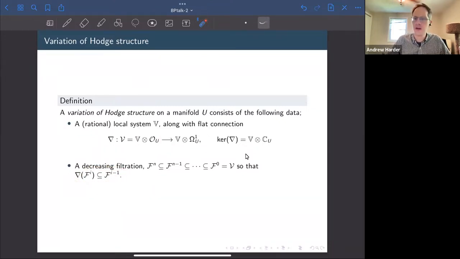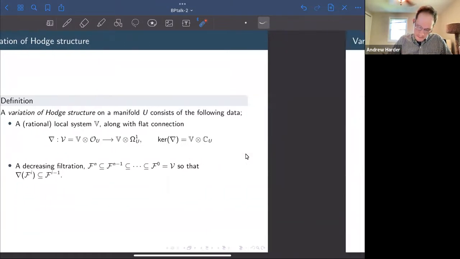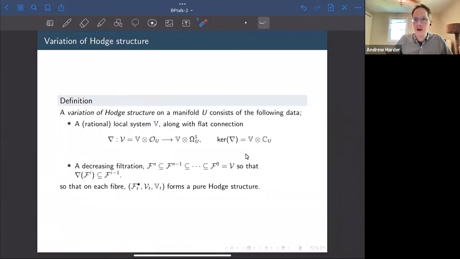I'm going to go a little quick here, hopefully people know this stuff. I also want that on each fiber, the restriction of this filtration, along with the vector space and the rational structure that I get from the local system, forms a pure Hodge structure. So that's what a variation of Hodge structure is, very briefly.